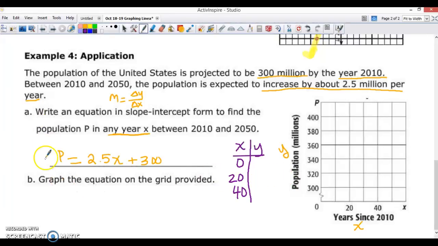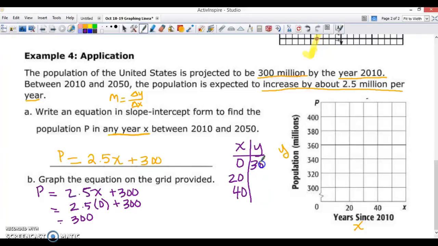All right, well, let's start with 0. That gives you your y-intercept. When x is 0, what is your output? Well, let's see. 2.5 times 0 plus 300. 2.5 times 0 is 0, and 0 plus 300 is just 300.